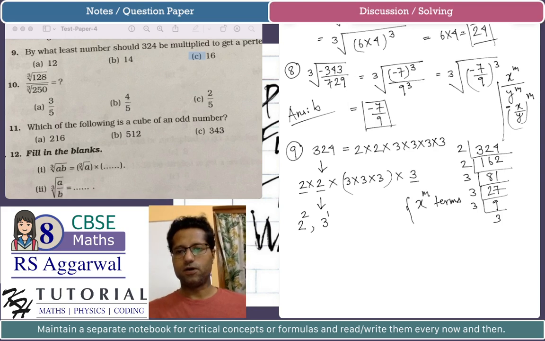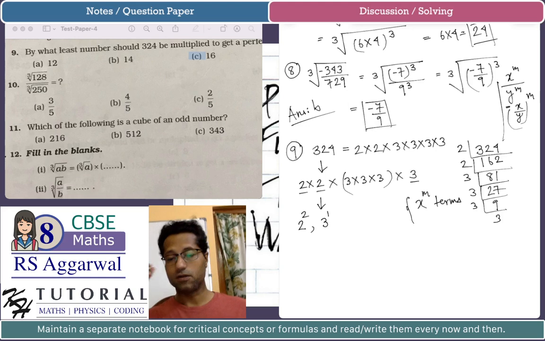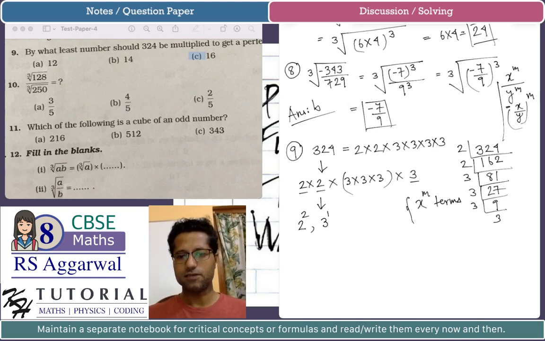So the first step was to do the prime factorization. The second step was to form the triplets from the prime factorization, and figure out which factors are not part of any triplet. In this case the factors are 3, 2 and 2. Now from those factors which are not part of any triplet, I have to form the x to the power m terms, where x is a prime factor which is not part of any triplet.